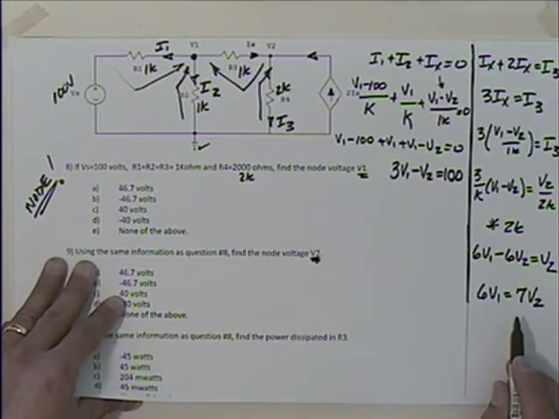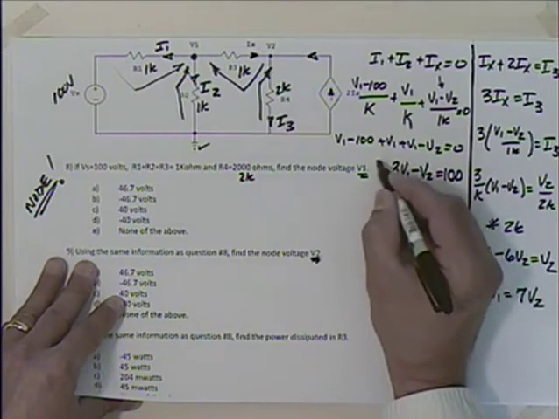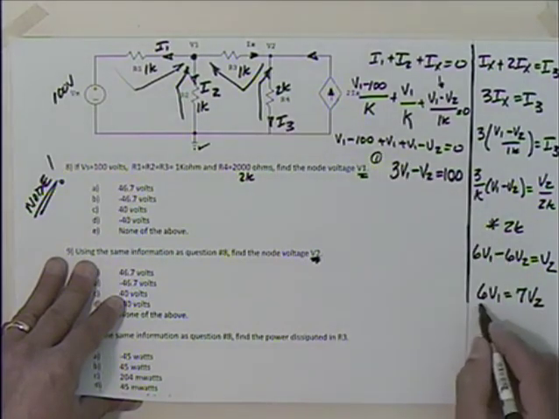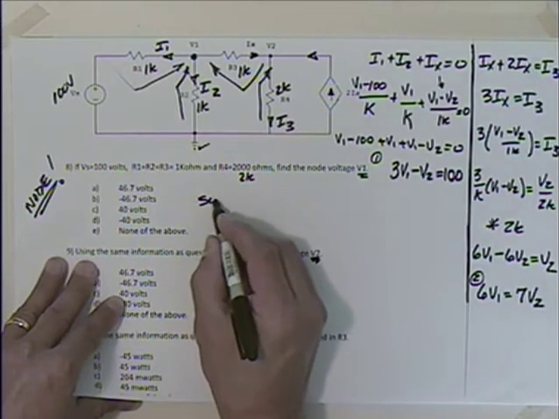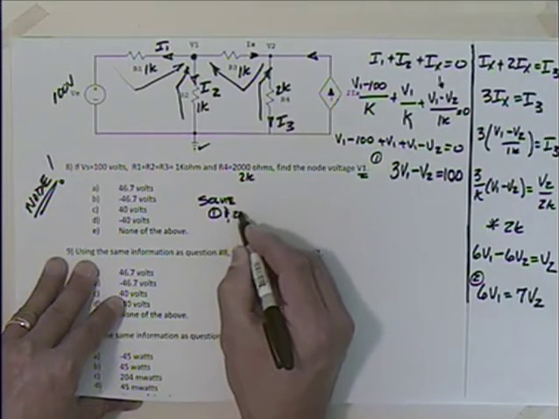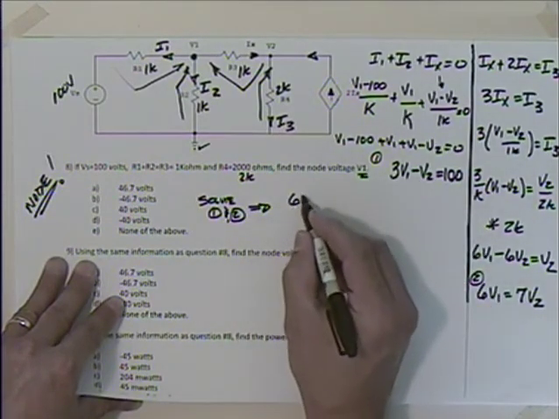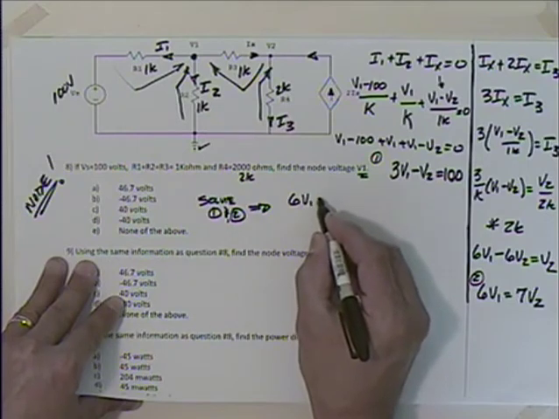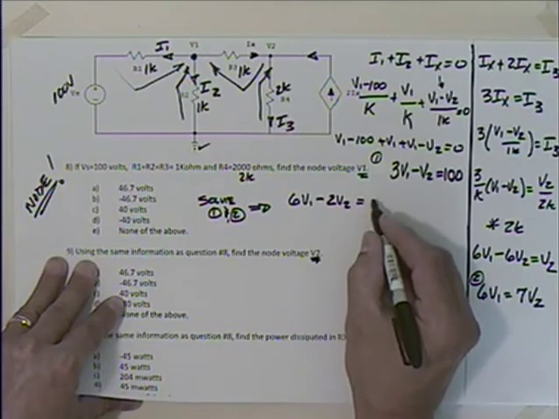So when I solve those simultaneously, let's say this is equation 1, this is equation 2. So solve 1 and 2. And what do you get? Well, I might multiply that by 2, so I get 6V1 minus 2V2 is equal to 200.